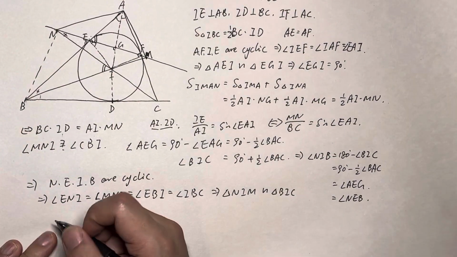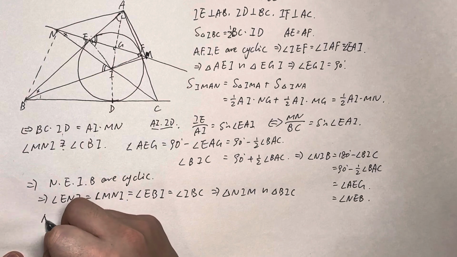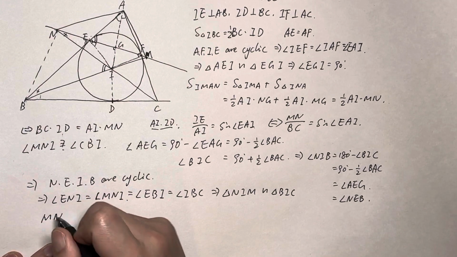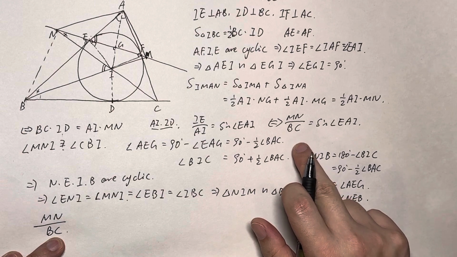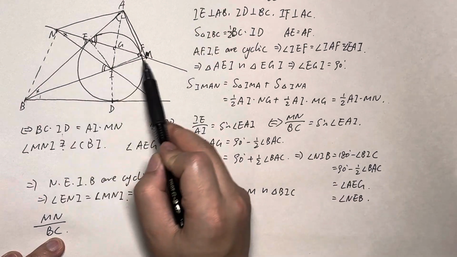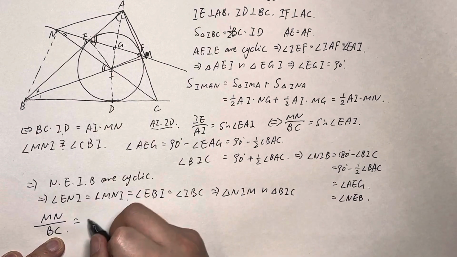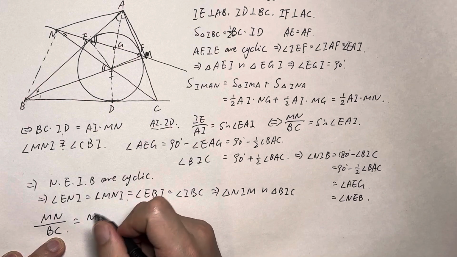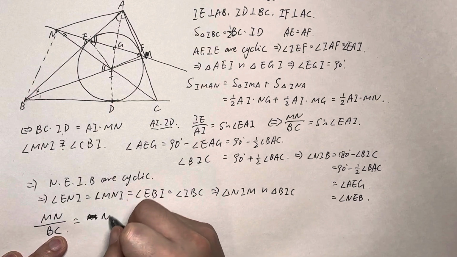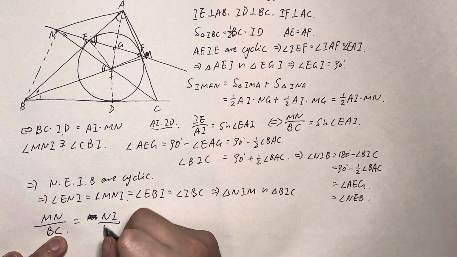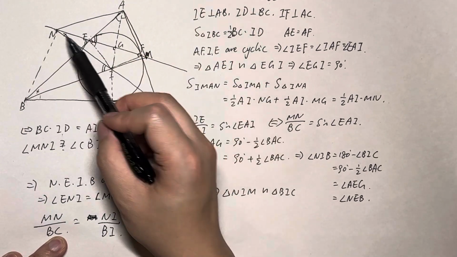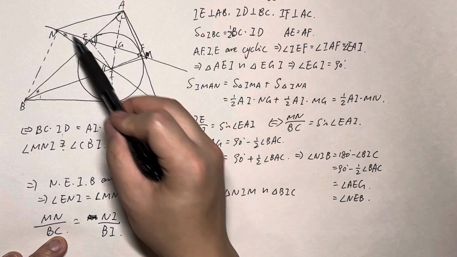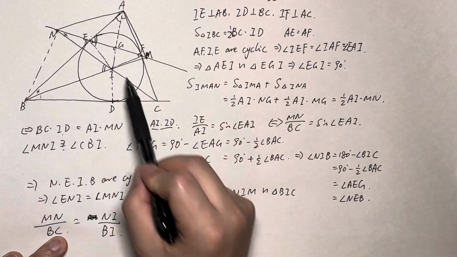Right, now we want to find the ratio of MN to BC. MN to BC equals NI to BI, right? Because triangle NMI is similar to triangle BIC.